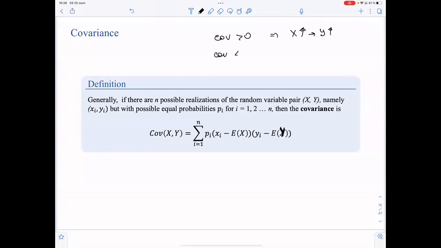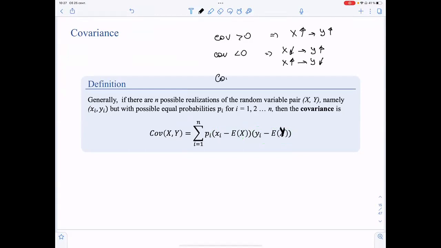If the covariance is negative, let's think how this value could be negative. It could be negative if and only if one of these 2 brackets is negative. So it says that if x decreases, then y should be increasing, or if x increases, then y should be decreasing, right?